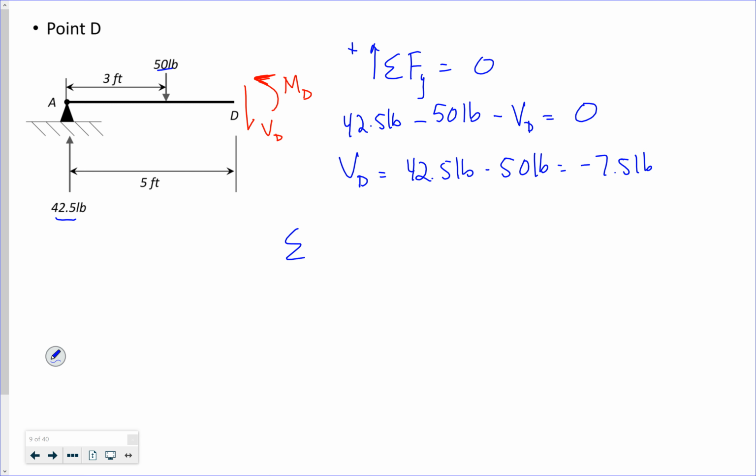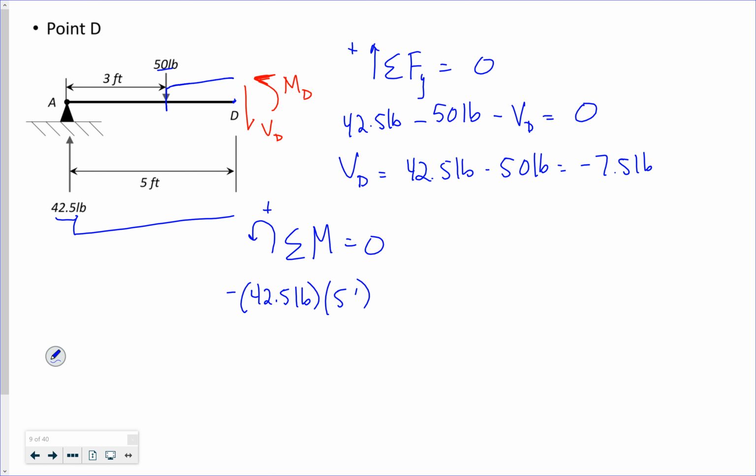Similarly, I'm going to look at the sum of the moments at this point right here at D equal to 0. So that 42.5 pounds is acting at 5 feet. It's acting up, so it is clockwise, which is negative. I've got my 50 pounds, which is acting at 5 minus 3 feet, so 2 feet, acting down, so it's counterclockwise.